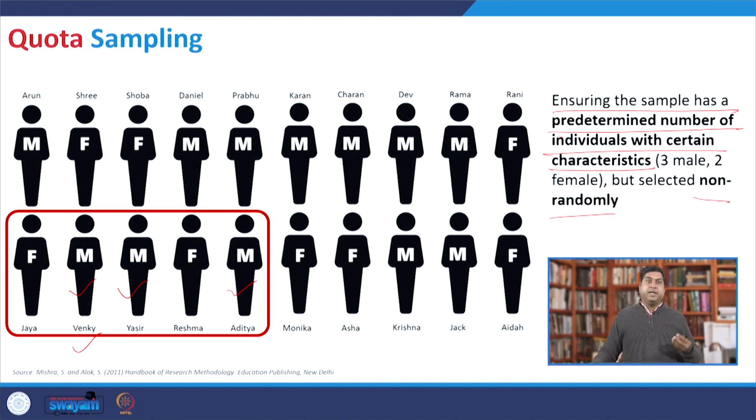In terms of homogeneity, we assume there will be homogeneity within first year and within second year, but when we compare first year and second year, there will be some heterogeneity in their responses. So in quota sampling, we take a quota from each class, but in this case also it is non-random.